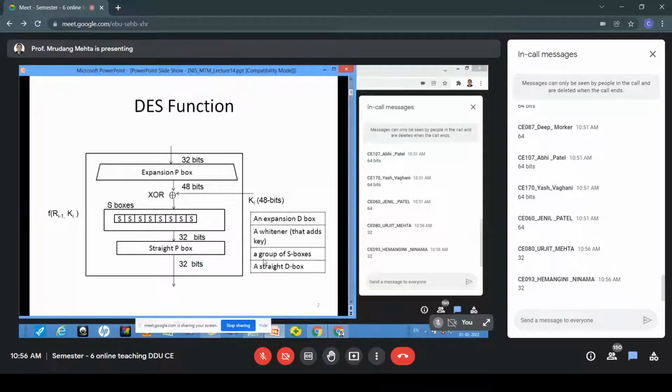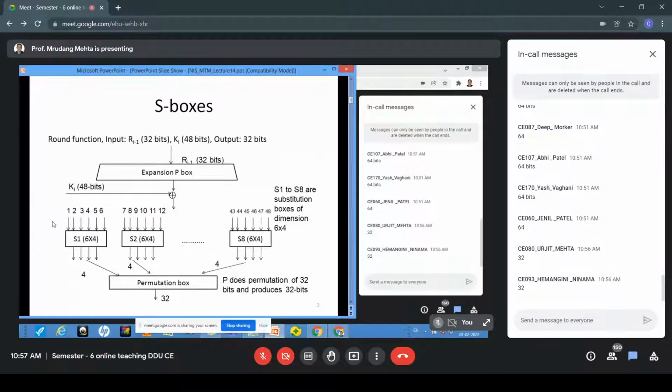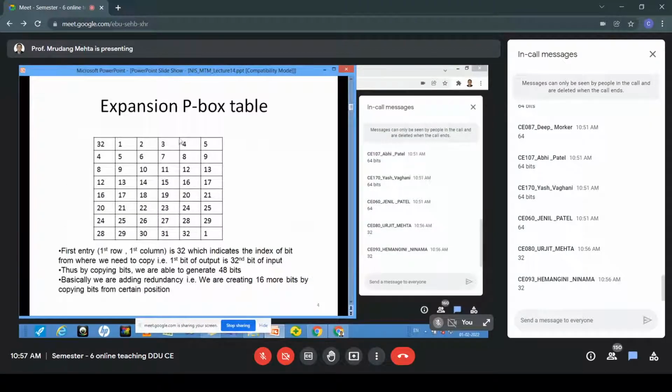So this is what I discussed. This is the function F. This is the S box and the expansion P box table. What is that expansion P box table? It means that what is stored in the 32nd bit of the plain text is given as the first bit here. So it is a permutation.